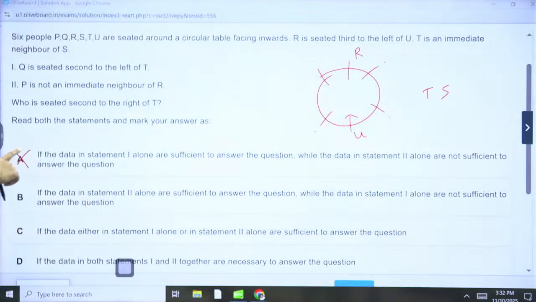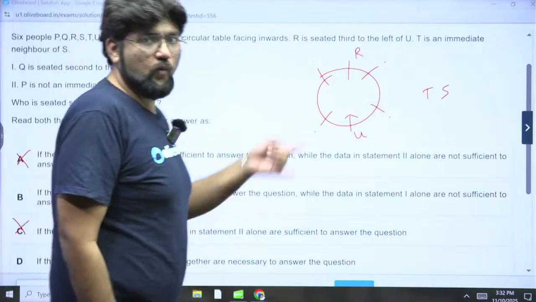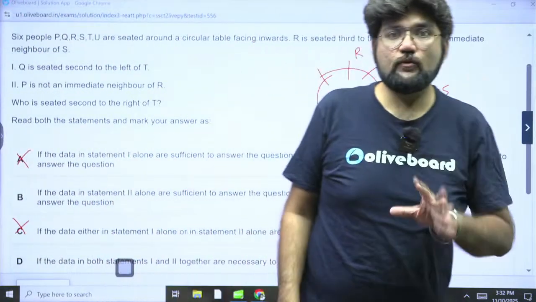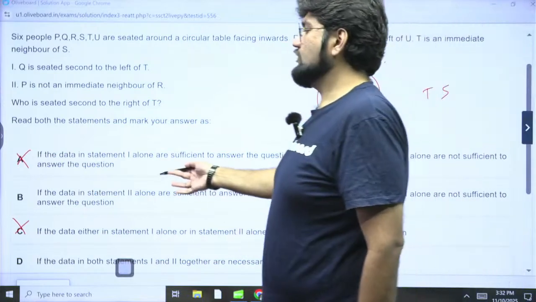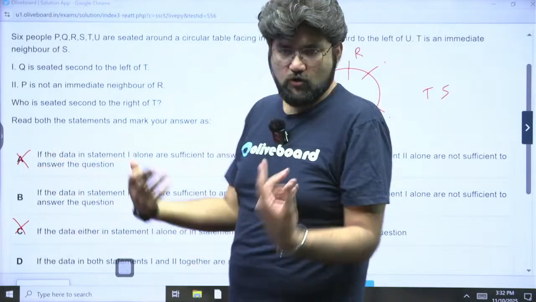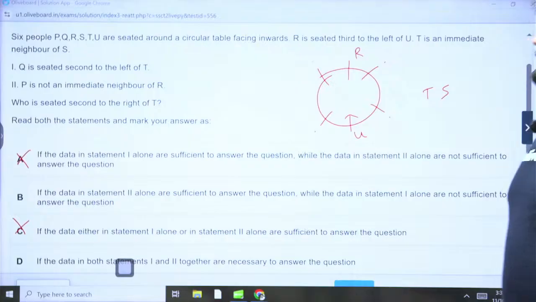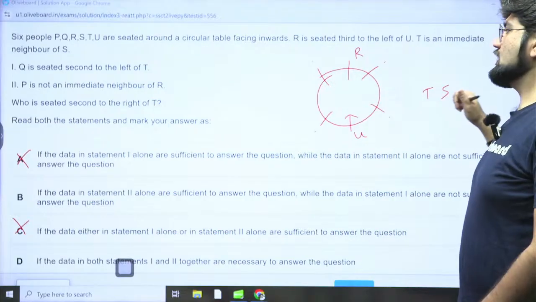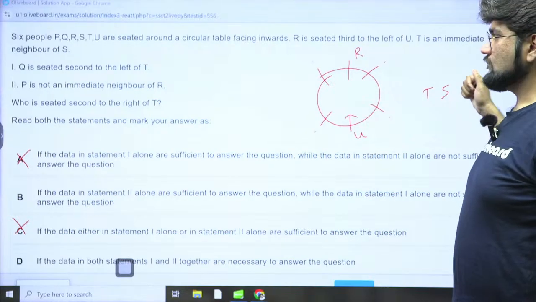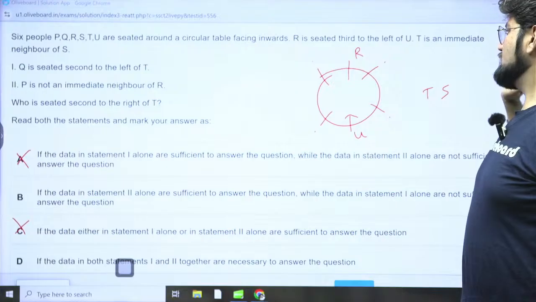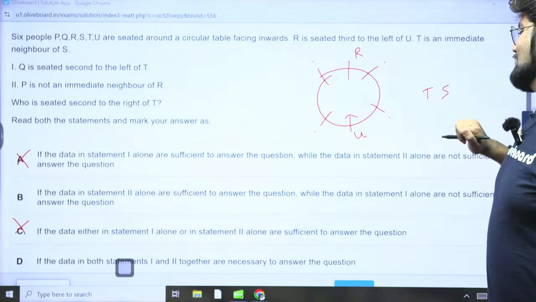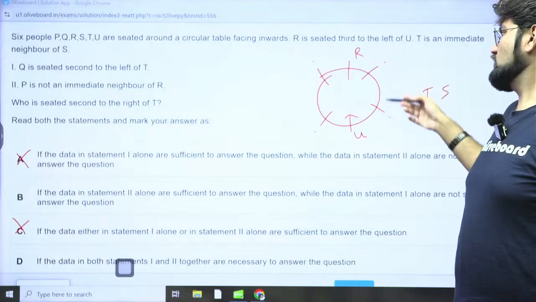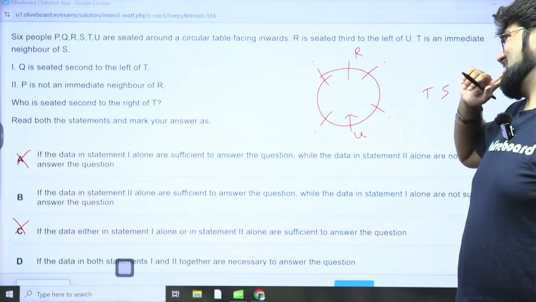Now if 1 alone is not sufficient, either can never be true, because for either to be true, 1 alone and 2 alone both have to be sufficient. So either is also not true. You will have to check for 2 alone. If 2 alone is not working, then both have to work, because there is no other option for you. 2 alone says P is not an immediate neighbor of R. That means P is not sitting in these 2 places. Okay. So now I can have either T or S here, or T or S here.